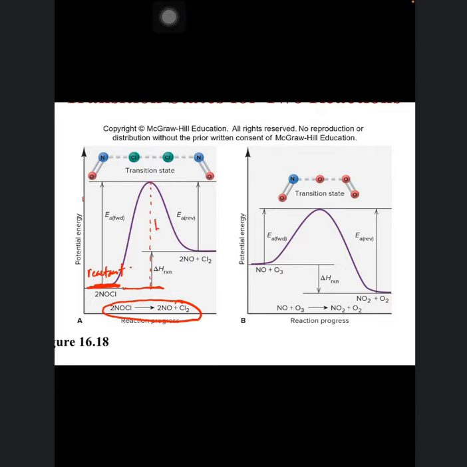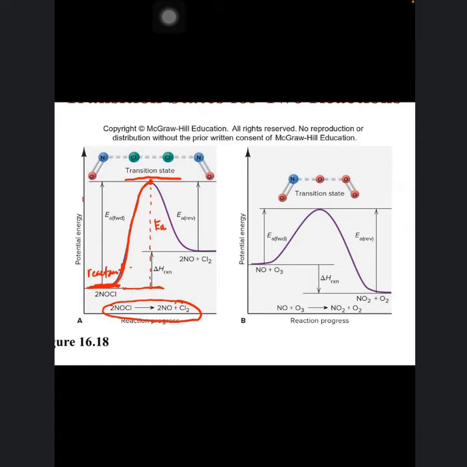So ini kita label dia sebagai activation energy. So meaning that partikel-partikel yang ada cukup tenaga sahaja yang boleh naik sampai ke sini. So dekat tengah ni, at top of barrier ni, kat sini kita panggil dia sebagai transition state, perantaraan. Okay, perantaraan.